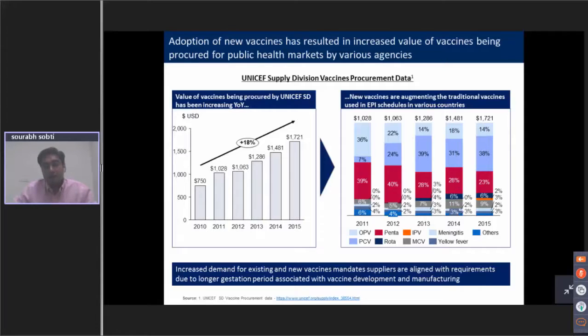And increased demand for existing and new vaccines mandates that suppliers are aligned with requirements from key stakeholders. So in the next few slides, we'll talk about how vaccine manufacturing is slightly complex and different from small molecules.